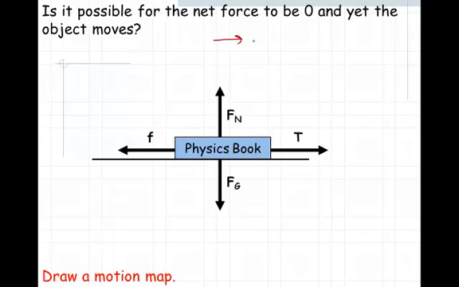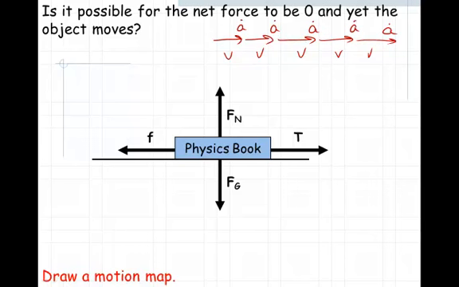If it was indeed moving with constant velocity, we would draw all these velocity arrows the same length, showing that the velocity is constant. But because the velocity is constant, the acceleration must therefore be 0. So constant velocity means constant, 0 acceleration.